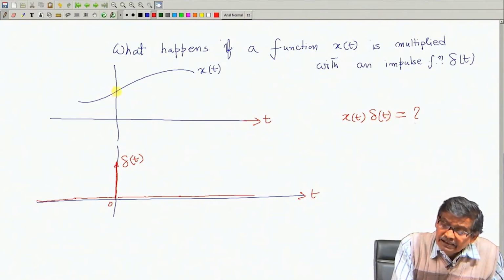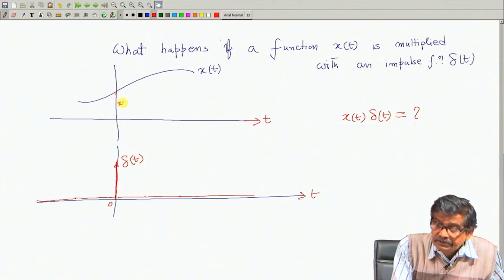There is some finite value of x at 0 here. This is the value of x(0).